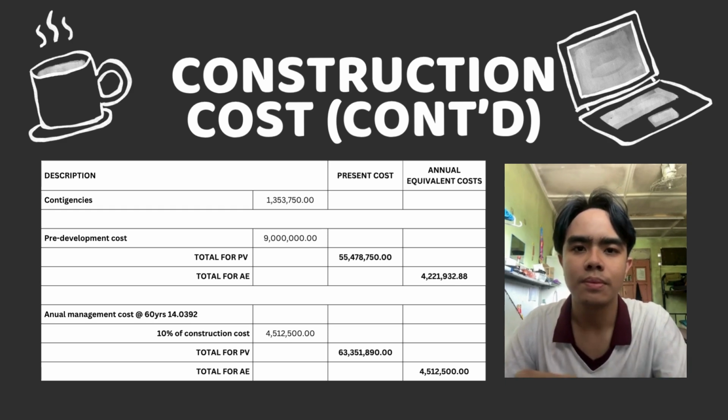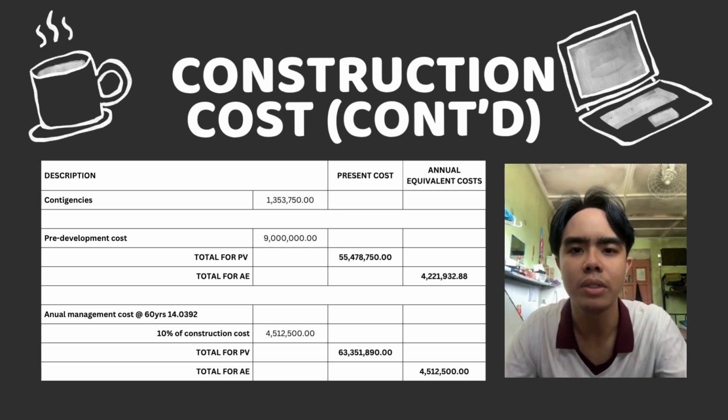Next, I will explain the annual management cost. This refers to the recurring yearly expenses required to manage and operate the completed building. Expenses include building management, administration, security services, cleaning, maintenance coordination, and other operational activities that ensure the building functions efficiently.